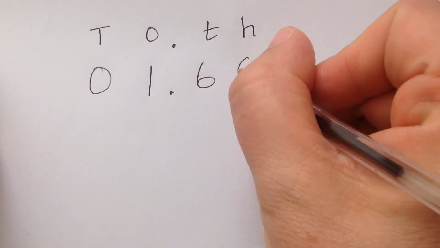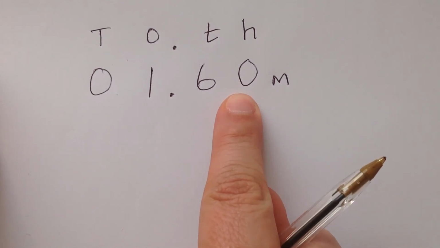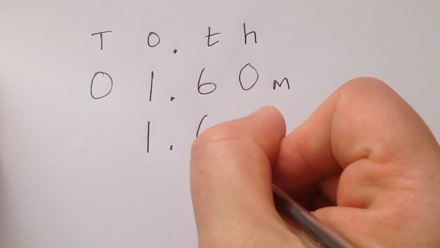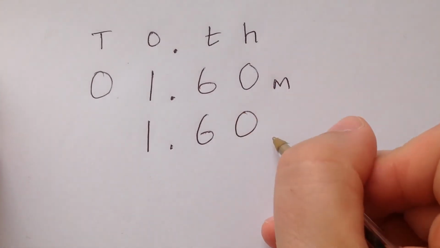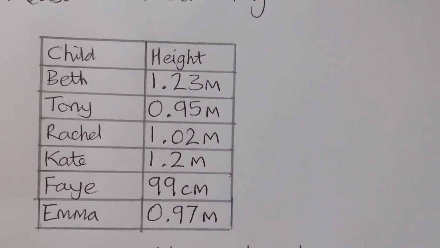The same rule applies over here. If I put something in the hundredths and there's nothing coming after it, I could just put a placeholder in. This number at the moment, it still says 1.6. So these are the same. So if I go 1.60, it's still 1.6, but it makes it a little easier for me to work with because it now has 3 digits. Let's go back to our problem.